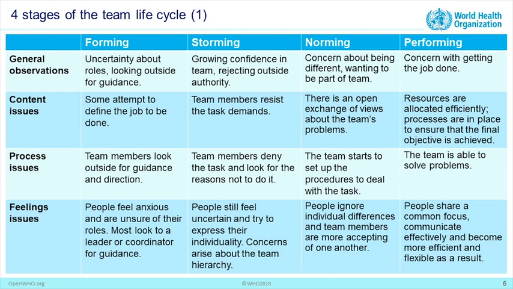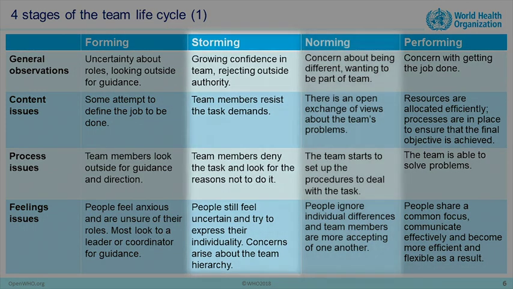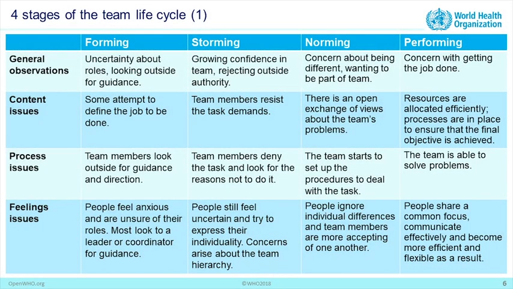Bruce Tuckman identified four stages of team development, which all teams go through. They are forming, storming, norming, and performing. Take some time to look at the table here, which describes team dynamics at each of these stages.